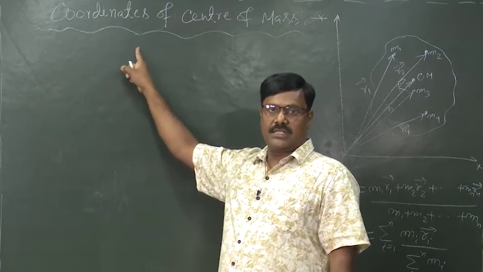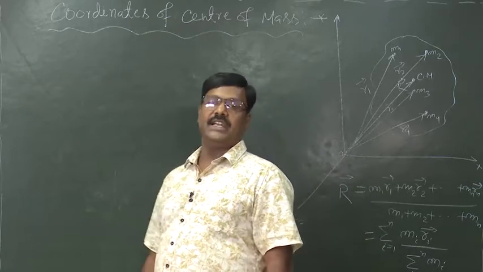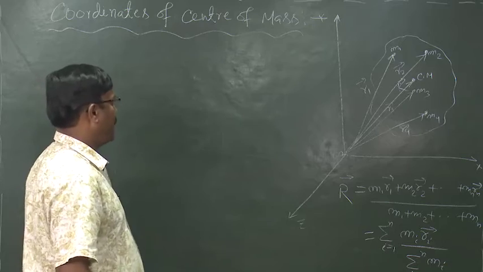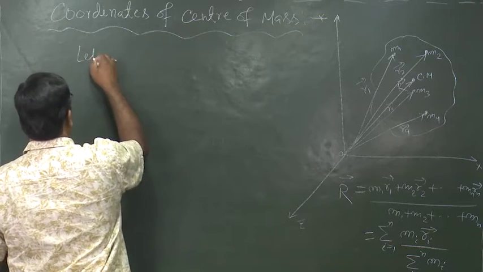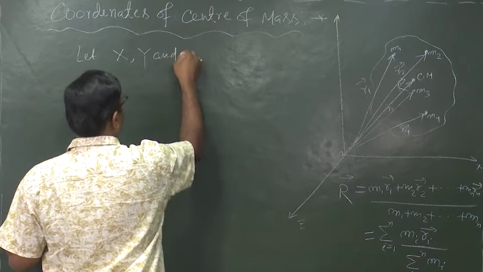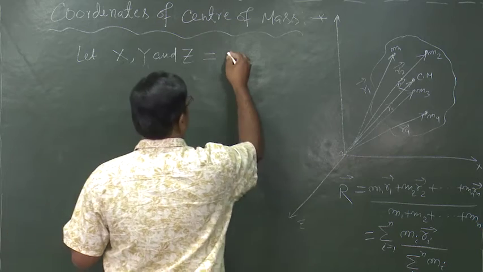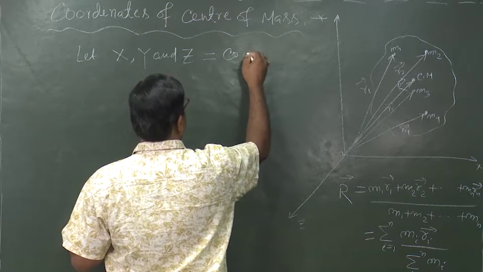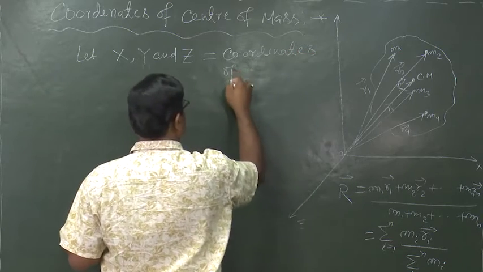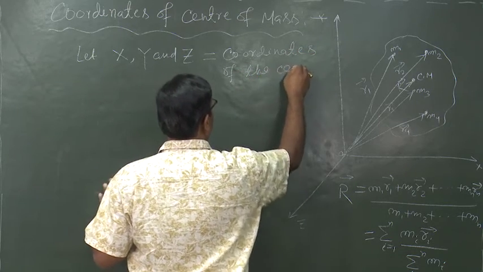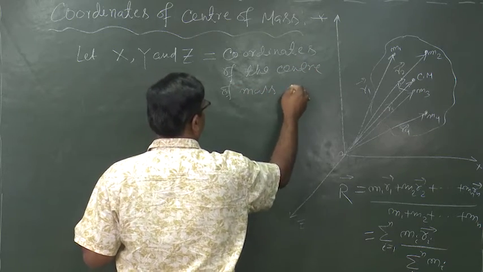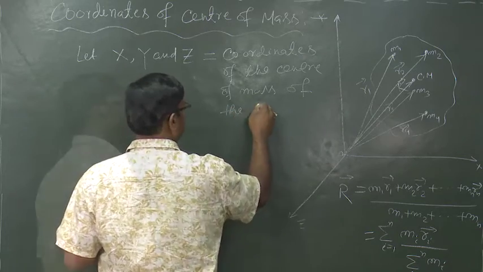Now, let us find out the coordinates of the center of mass of a system of particles. Let x, y and z be the coordinates of the center of mass of this system.